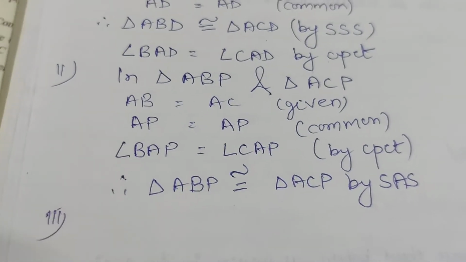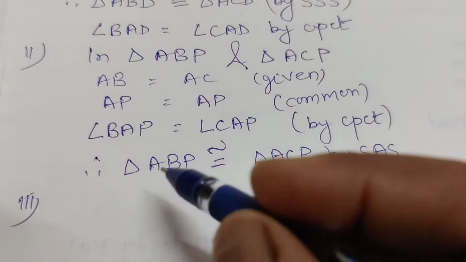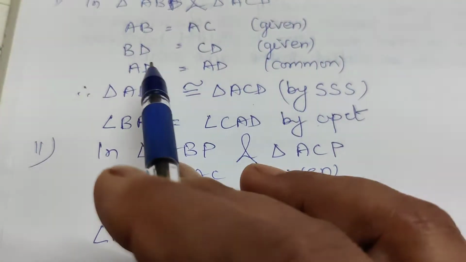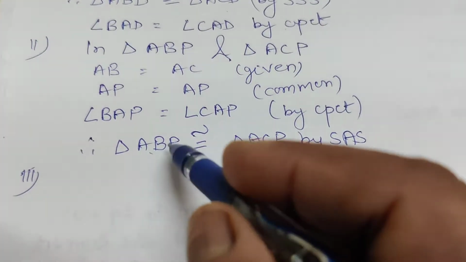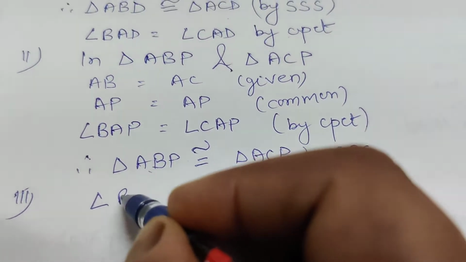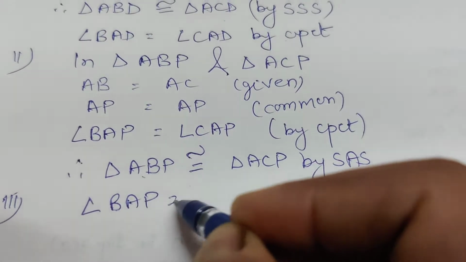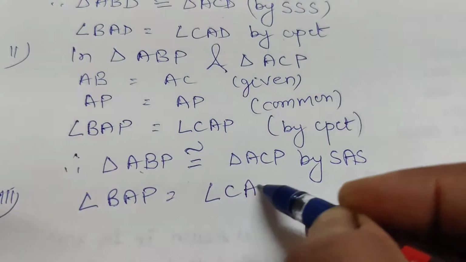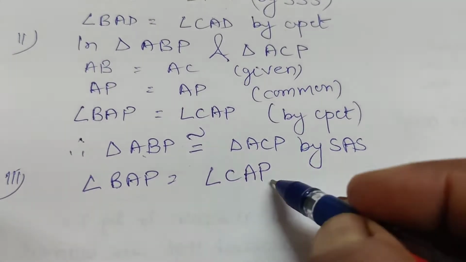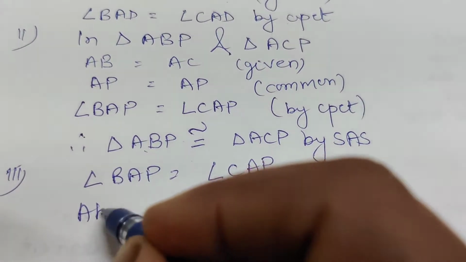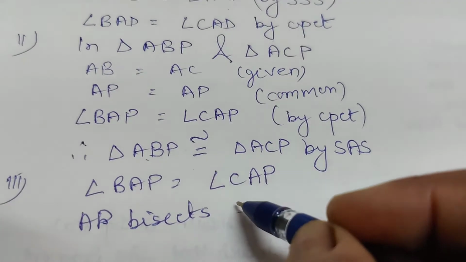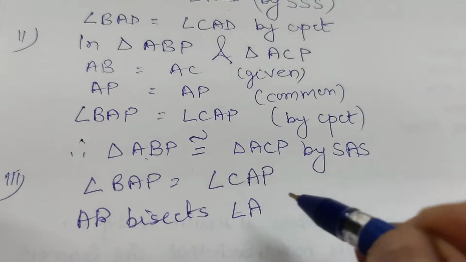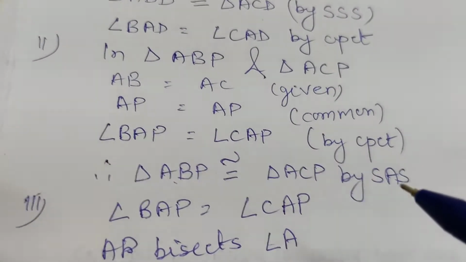AP bisects angle A as well as angle D. So first we have proved that angle BAP equal to BAD equal to CAD. It means bisects. Again, angle BAP equal to angle CAP. Therefore AP bisects angle A and angle D.